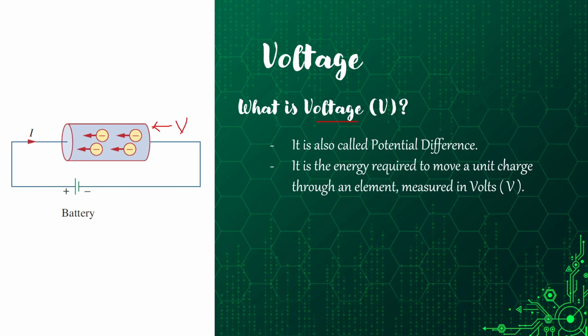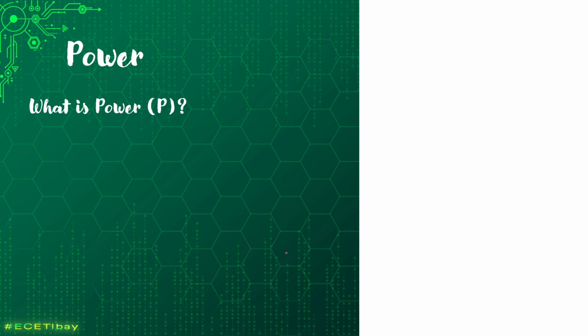This is the equation of the voltage. We are not going to use this, so don't worry. We only use the current, because this is not always used in circuit analysis.